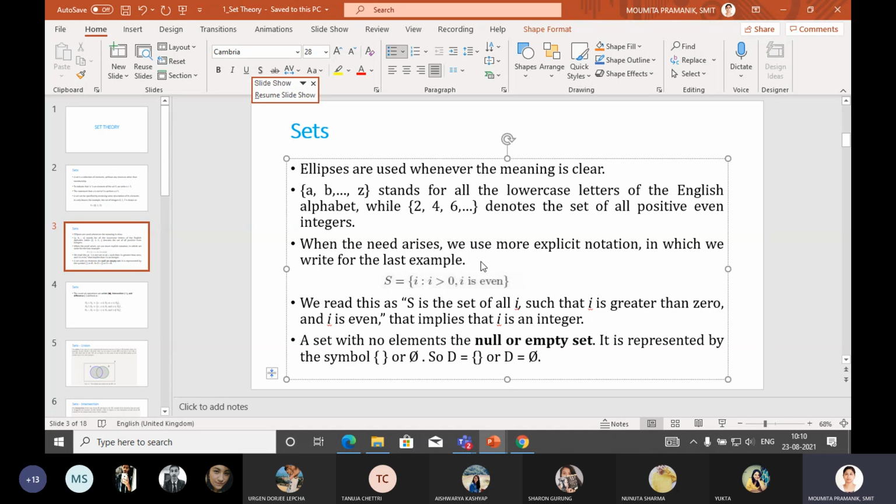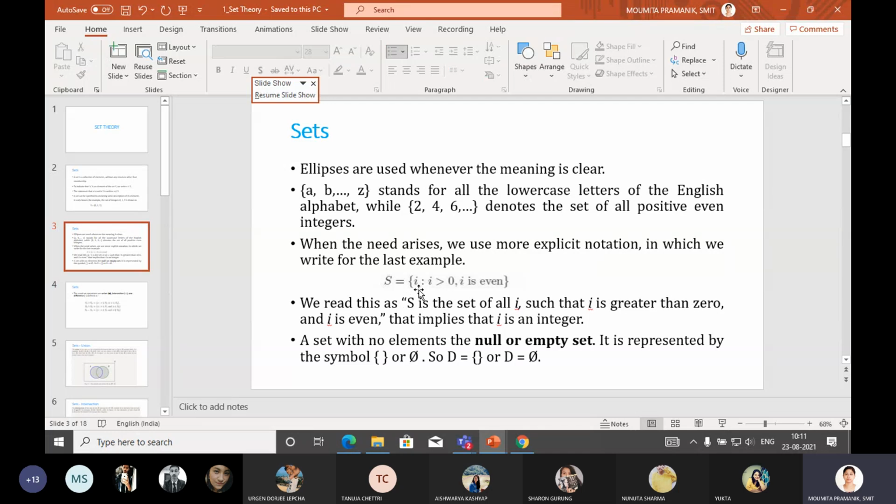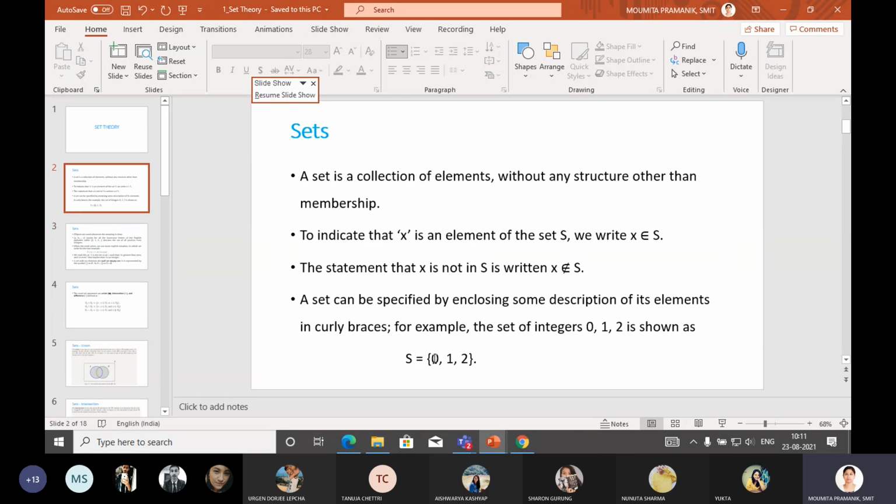Whenever you want to explicitly mention some particular value, we can use this notation: x belongs to I, where I is greater than 0 and I is even. So how to read this one? This is the explicit explanation of the set.